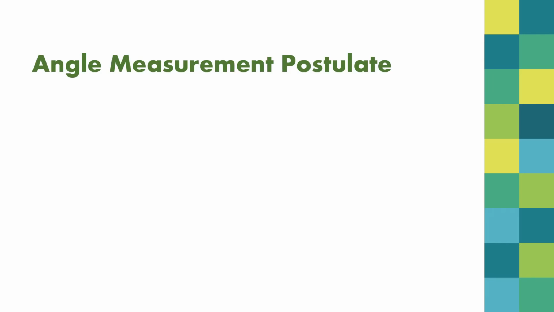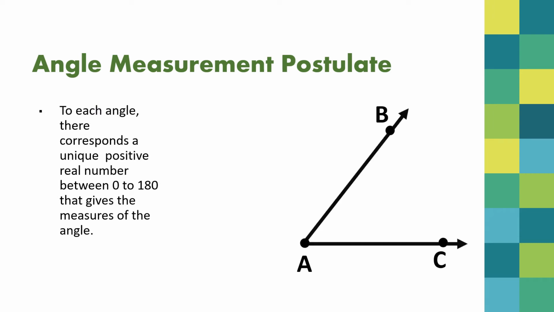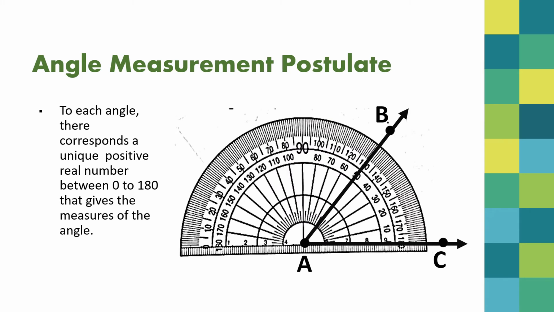To use a protractor, place the center point of the protractor on the vertex of the angle to be measured. Line up the mark labeled 0 on either scale with one side of the angle. So given angle BAC, by using the inner scale, the degree measure of angle BAC is 50 degrees.